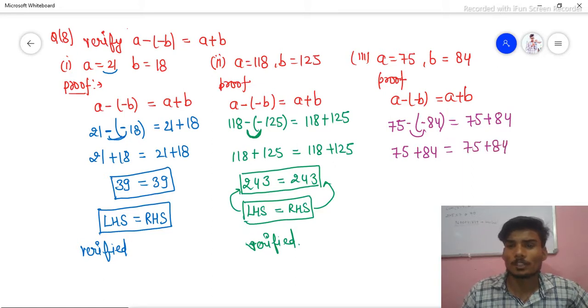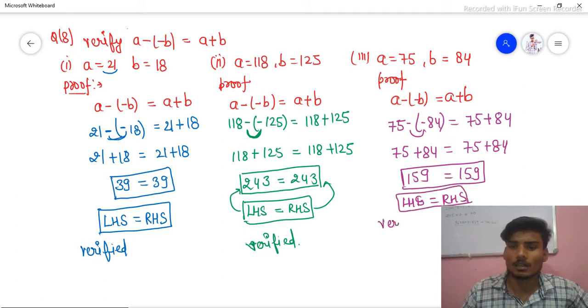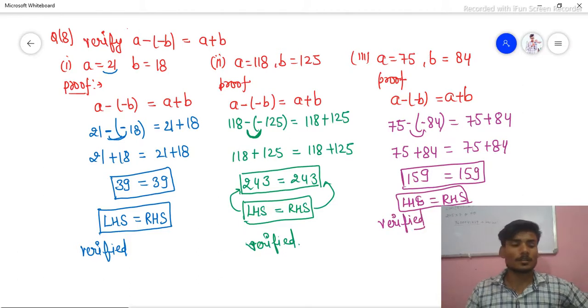So this will be 159 equals 159. In this question also, the left hand side is equal to the right hand side. LHS is equal to RHS. This is also verified. Clear?